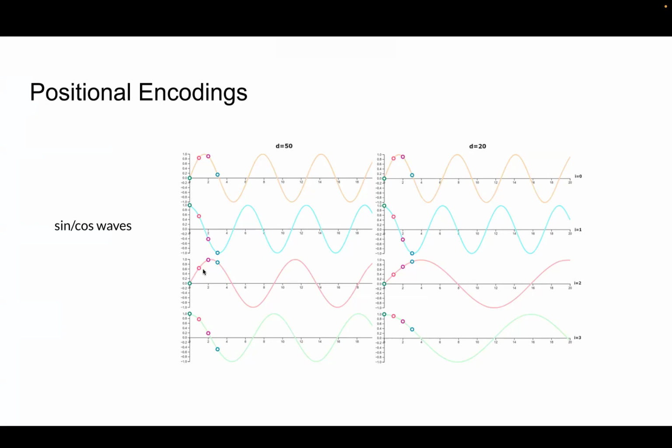So the way the original transformer paper had this positional embedding is through sine cosine waves. Here it's trying to generate a feature vector of length 4 for this positional embedding, and it generates these sine cosine waves of different frequencies.